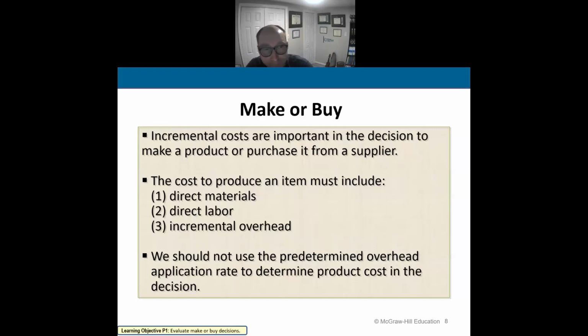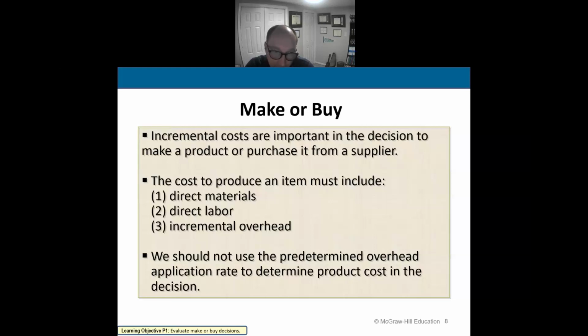All right. And I have a retail store where I sell the calculators. There are a couple of decisions I need to make with respect to inventory. And the first of those decisions is, do I make the inventory myself, or do I buy the inventory from someone else and then sell it? That's what we call the make or buy decision.